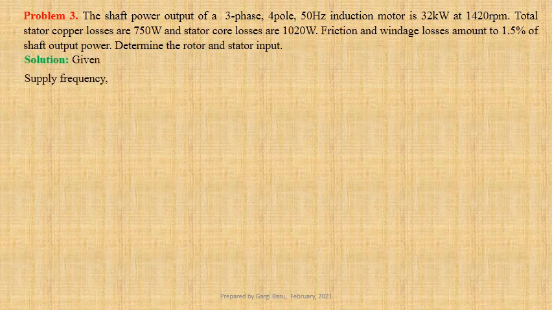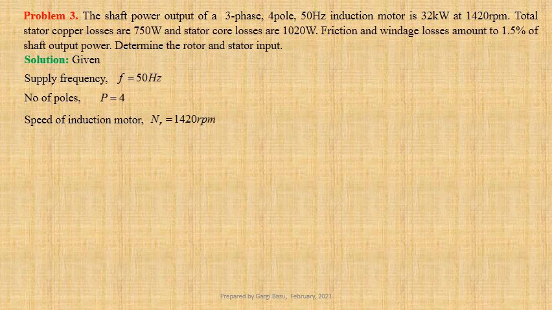Let us first jot down the given data. Supply frequency F equals 50 Hz. Number of poles P equals 4. Speed of induction motor Nr equals 1420 rpm. Output power Po equals 32 kilowatt. Stator core losses P_IS equals 1020 watts.